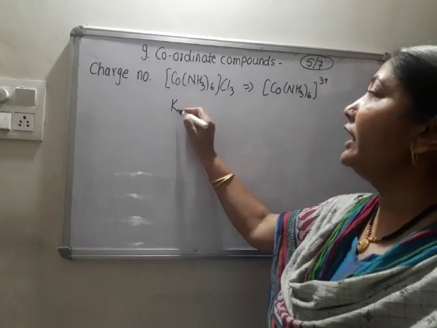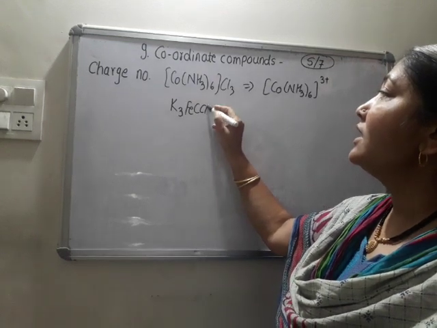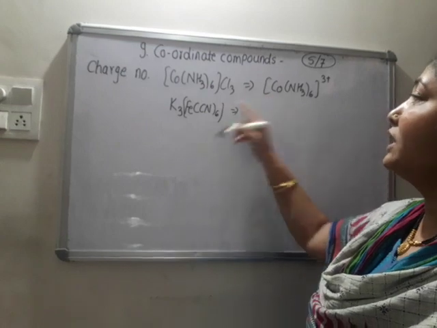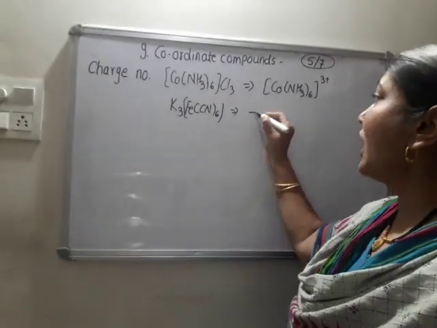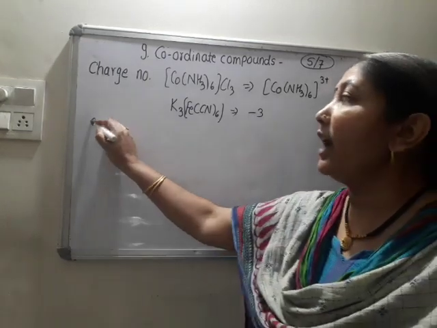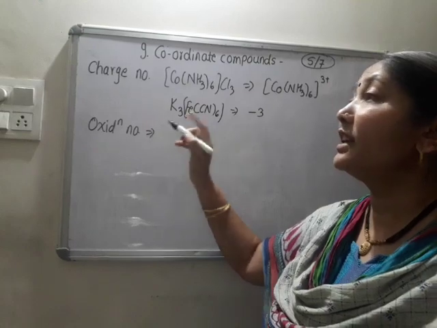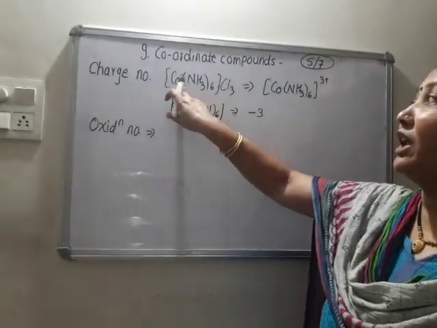Or if we write K3[Fe(CN)6], what is the charge number? The charge number is -3, the number at the top of the square bracket. And what is the oxidation state? Oxidation number is related to the central metal in that complex. So which is the central metal in this complex?